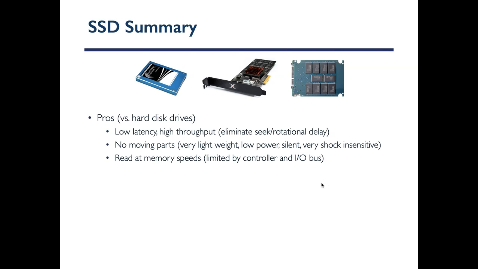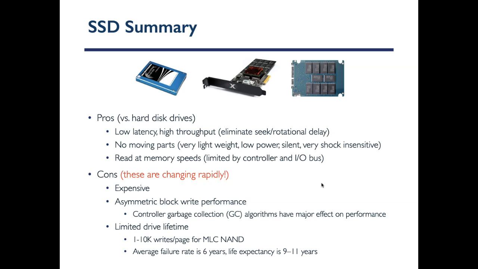Okay, so what are the advantages of SSDs over magnetic disks? They have lower latency and higher throughput. They don't have moving parts. They're lighter, low power, a lot more silent than your HDDs. What are some of the disadvantages that again are changing?